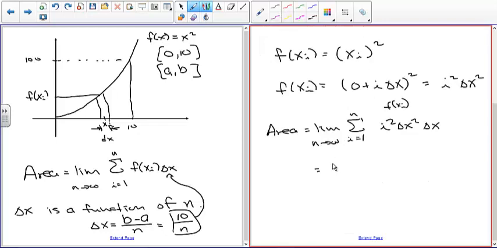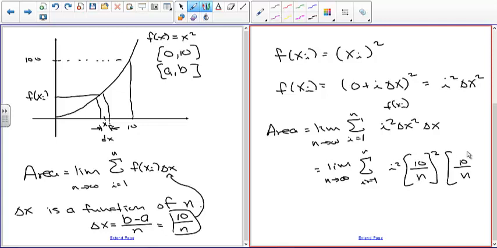So now we can substitute in what delta x is in terms of the number of rectangles and the width of the interval. So this equation becomes i squared times 10 over n squared times 10 over n. So this delta x squared is this, and delta x is that.